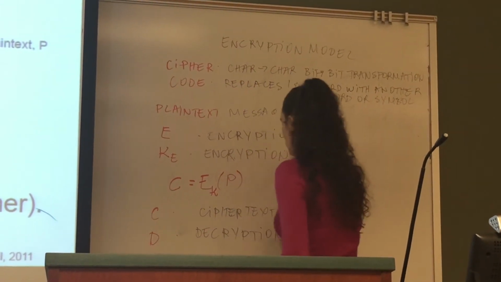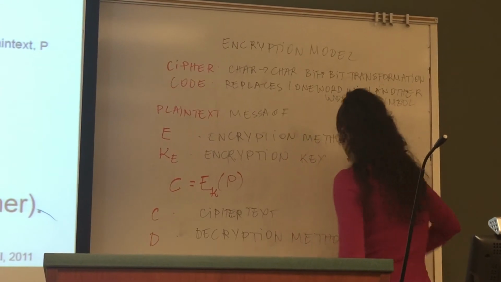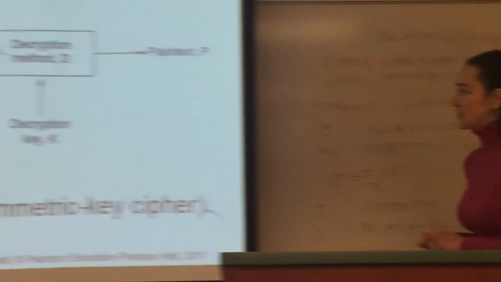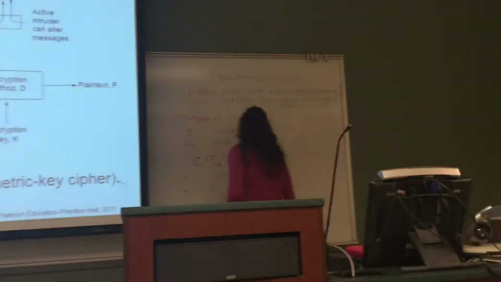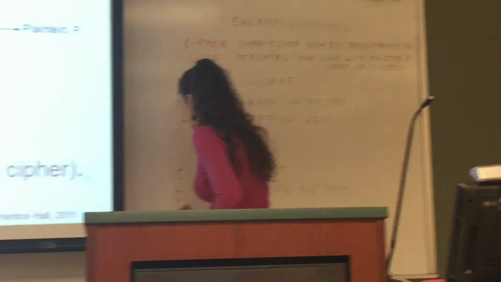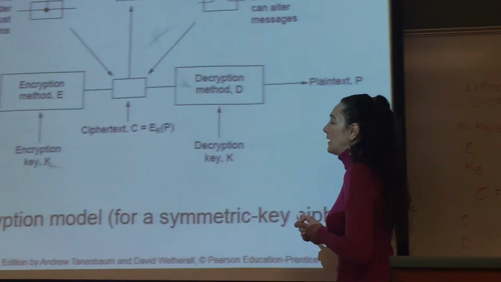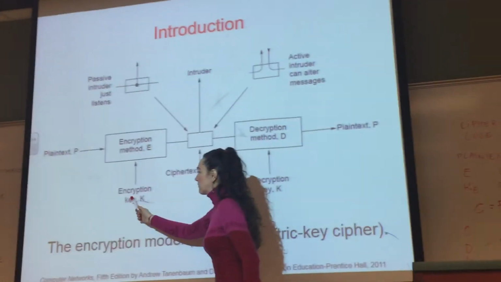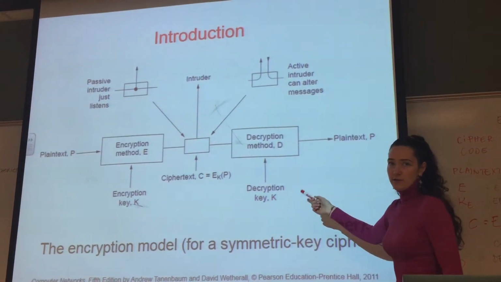Now the decryption method has to again use a key. It has a key here, so I will say KD. Can this key be the same key that was used for encryption and decryption? Or do you think that's a different key here?